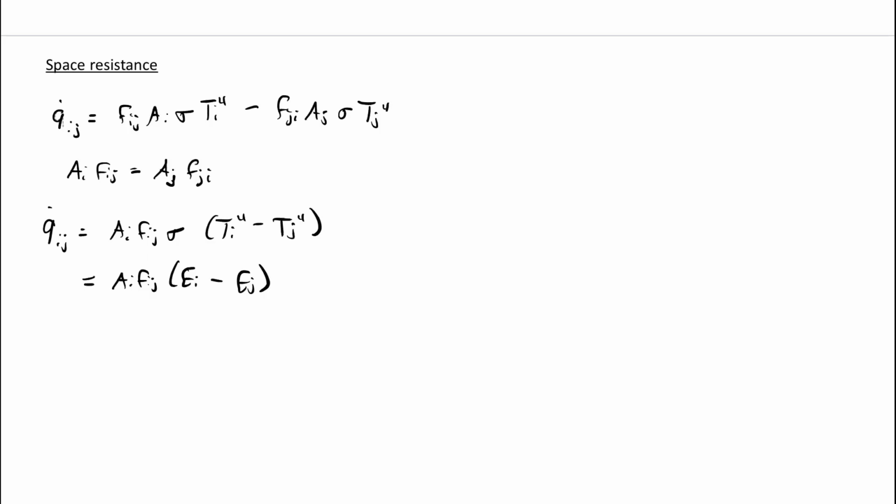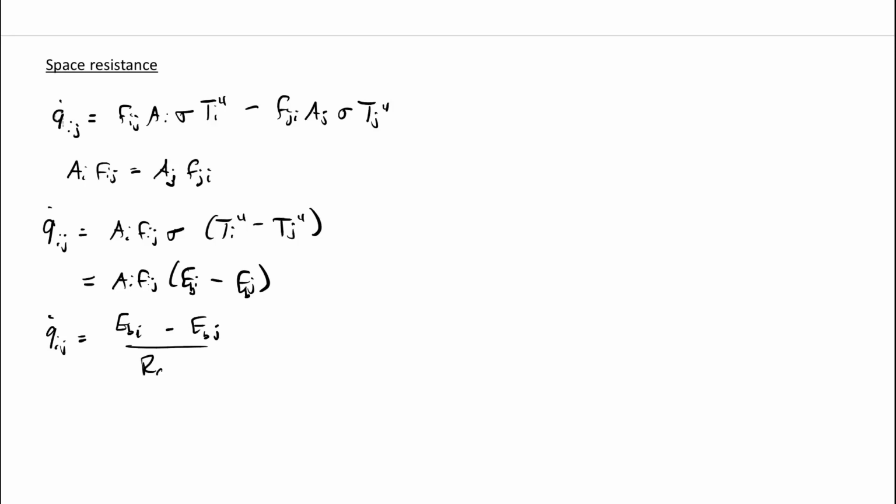So this we could also write as an equation with a resistance. You could introduce this resistance. If you write it as resistance, Q_ij is going to be, this should be E_bi minus E_bj, these are black body emissive powers, divided by some resistance, which we call R_ij. Previously, in 364, we'd call this R_g,ij, so we could do that here just to differentiate.